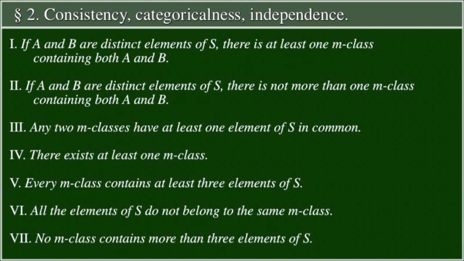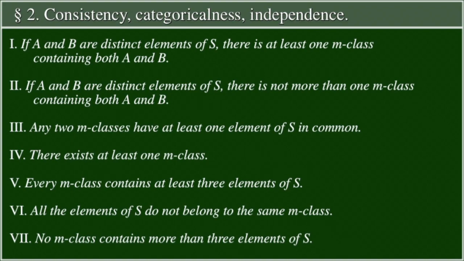3. Any two M classes have at least one element of S in common. 4. There exists at least one M class. 5. Every M class contains at least three elements of S. 6. All the elements of S do not belong to the same M class. 7.